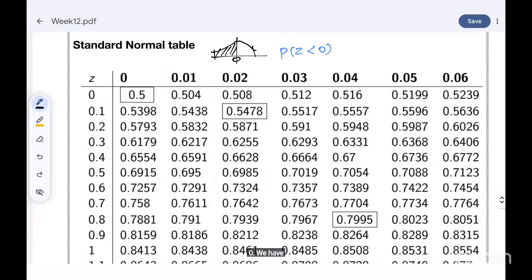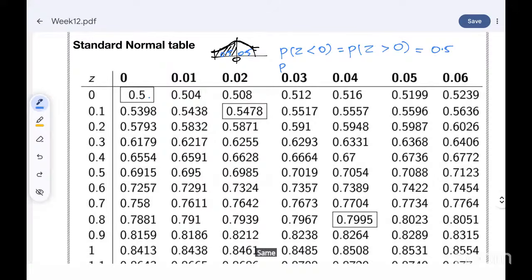Since it is a symmetric graph, symmetric about mu, probability that z greater than 0 is the same as probability of z less than 0, which should be equally divided areas. So this is 0.5, this is 0.5. So 0.5 is something which we already know.